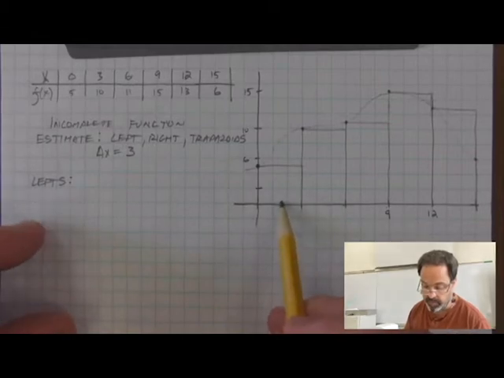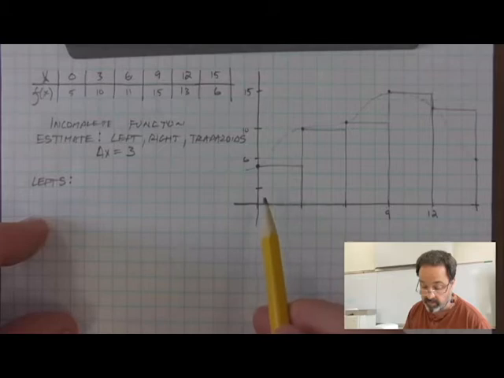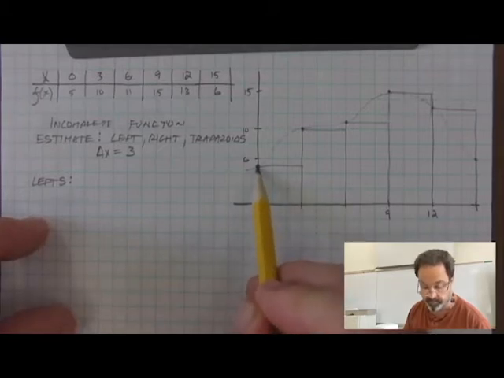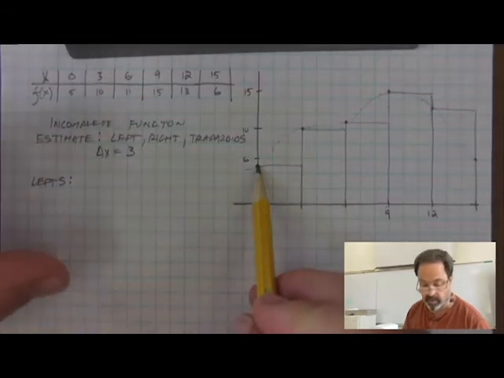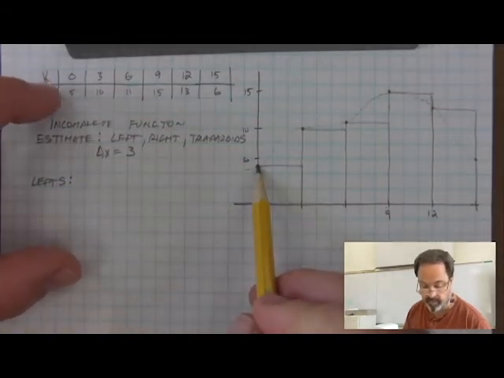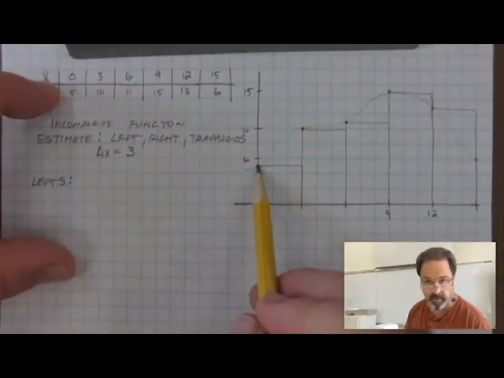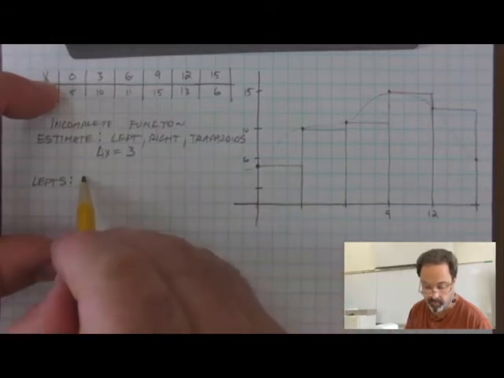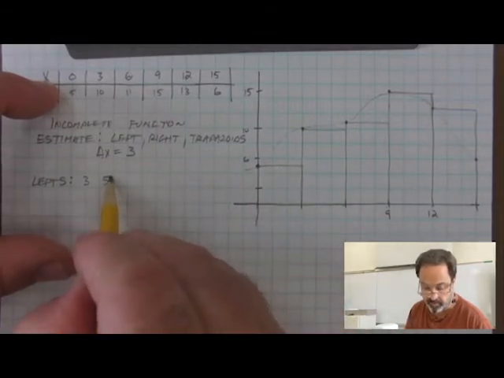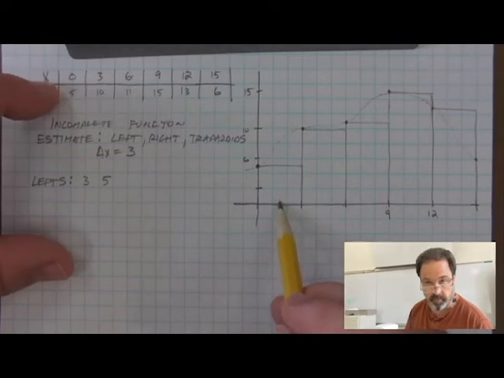This first left rectangle, its area is the base of 3 times the height of 5. And the height of 5 is information in the table. So if I multiplied 3 by 5, I'd get the area of this first one.